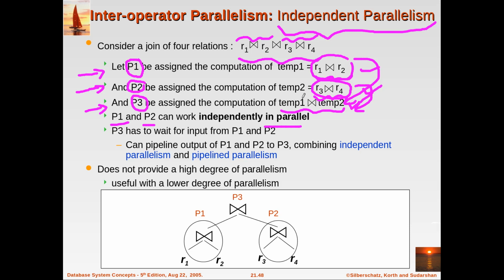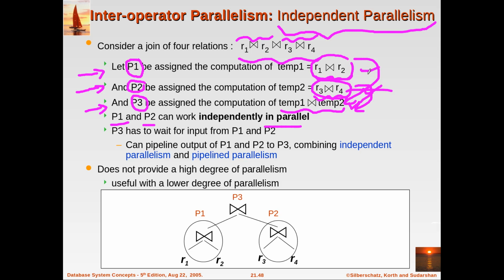In the previous case, the entire R1 join R2 operation had to be completed, then the entire R3 join R4 operation, then P3 would evaluate temp1 join temp2. But if you apply some pipelining here, R1 join R2 is independent, R3 join R4 is independent, but R1 join R2 will produce some tuples and move them to P3. Similarly, R3 join R4 will produce some tuples and move them to P3. Then it will perform the join gradually, that is, some tuples of temp1 will be joined with some tuples of temp2.